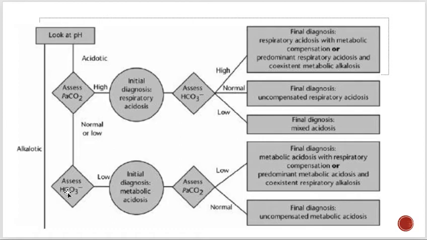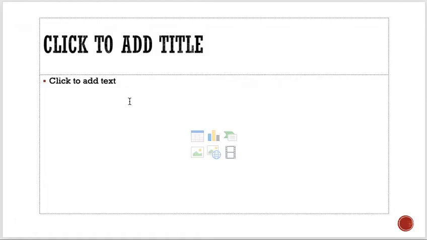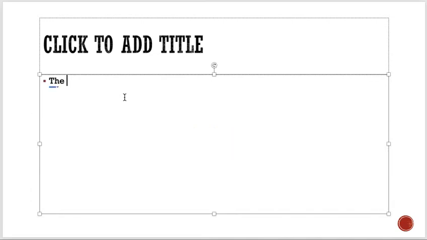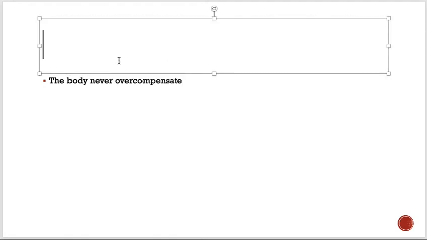So one concept you have to remember in this regard is that respiratory compensation is faster than metabolic compensation. And another concept you have to remember is that the body never overcompensate.